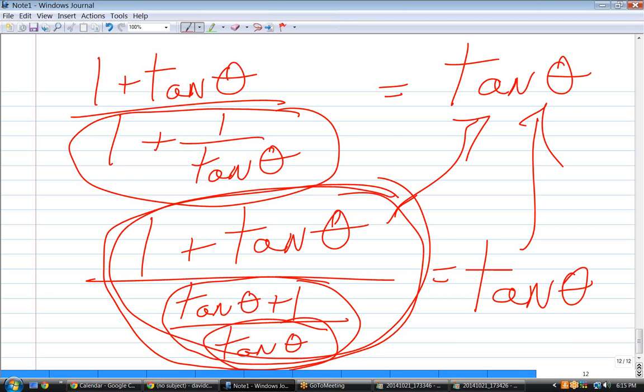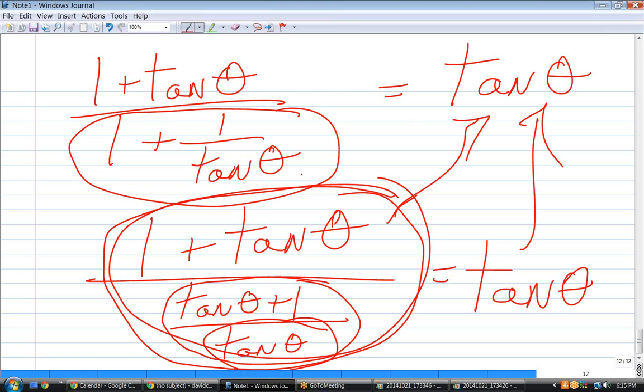So I could have solved it by switching everything to sine and cosine, but it would have been at least another step. Then I would have had to deal with this new numerator that would look strange and a denominator that would look strange, and it would have definitely been one extra step if I had gone that route. So you don't always want to do that.